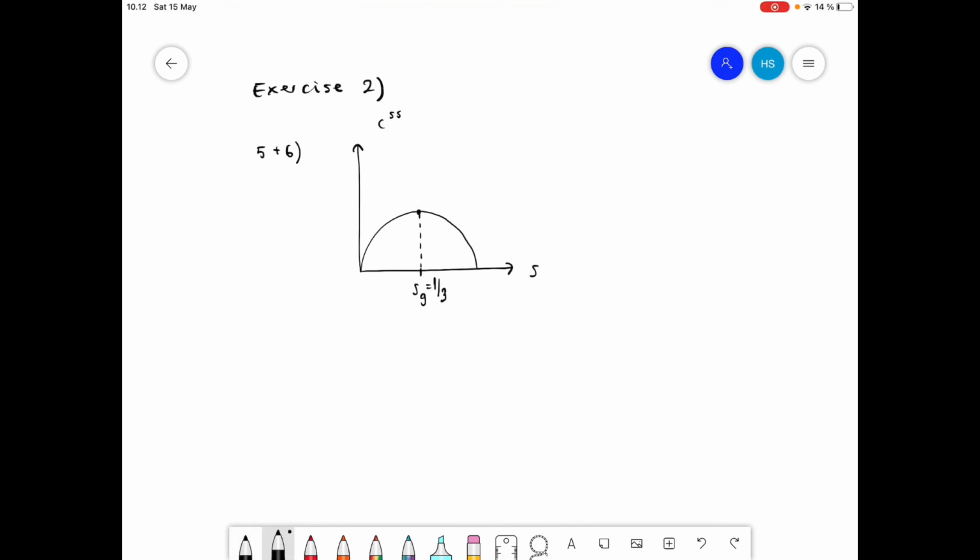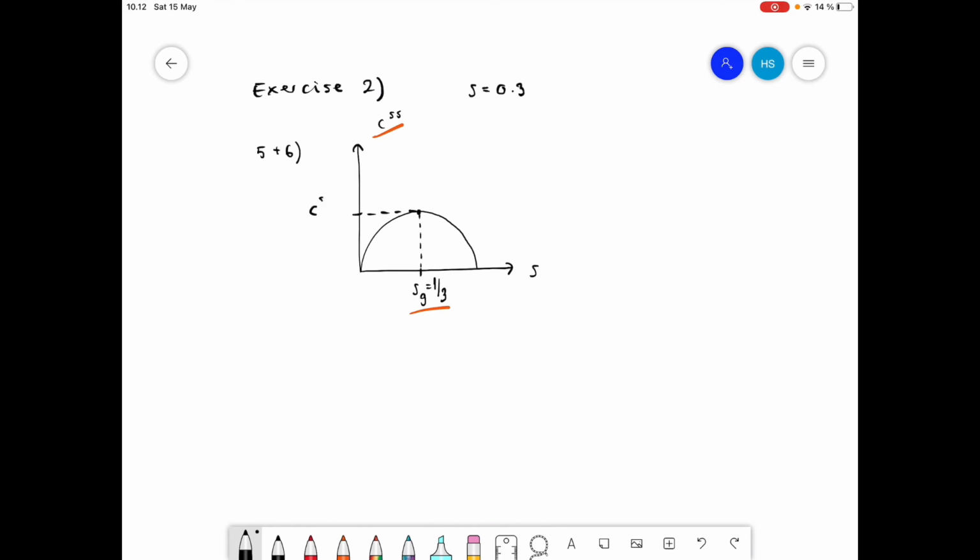So, exercise 2, questions 5 and 6 combined. In exercise 2 we have that the savings rate is equal to 0.3, and now we're asked to assess the effect of an increase of the savings rate on steady state consumption. Remember, the golden rule savings rate is the savings rate that maximizes consumption in steady state.